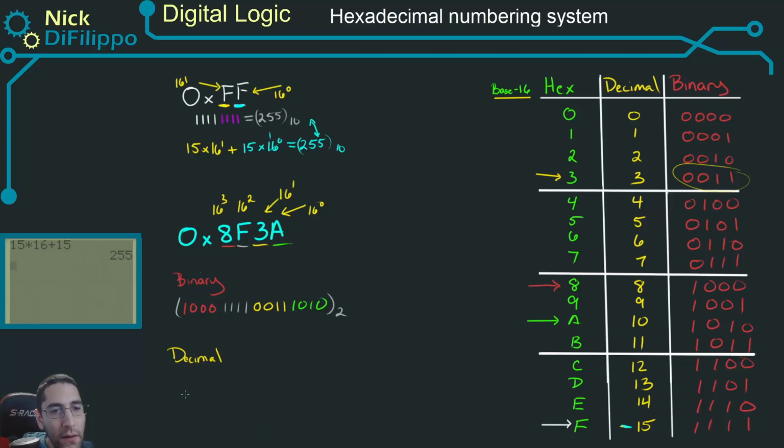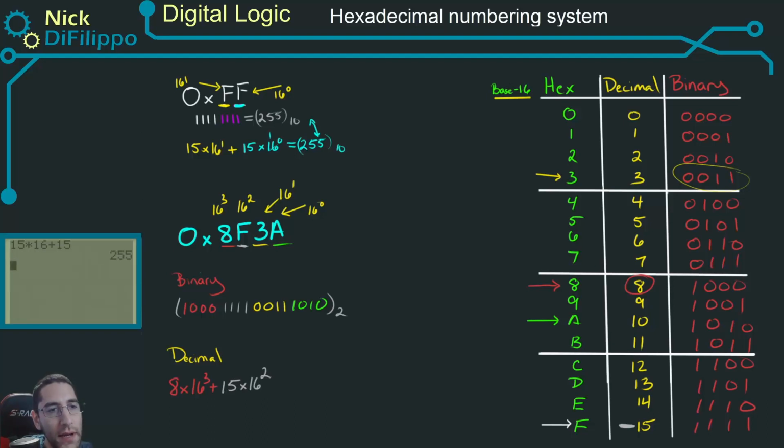We have 8, which is 8 in decimal, so 8 times 16 to the third, plus F, which is 15 in decimal, so plus 15 times 16 squared.